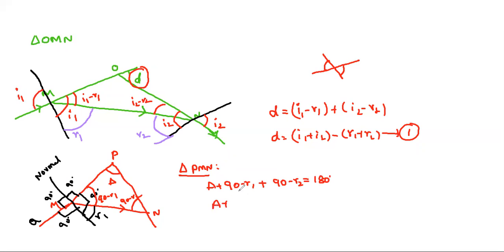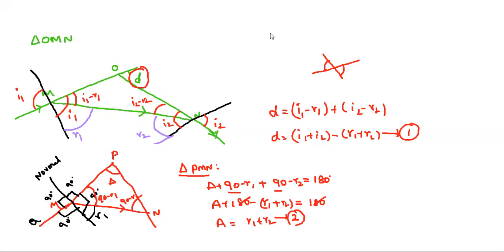Now 90 plus 90 is 180 degrees, minus (R1 plus R2). In the R1, R2 terms, I will take minus as common. On the RHS you will have 180, and 180 and 180 will get cancelled. Then you will have A equal to R1 plus R2. Let us consider this equation as 2.